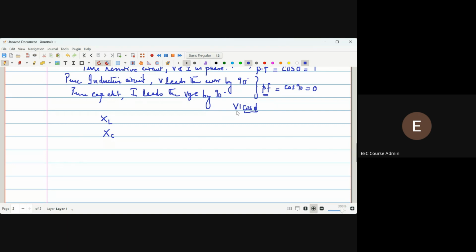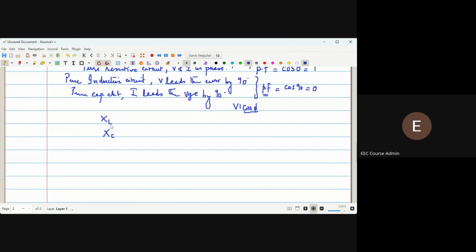That means in the DC circuits so far, the power dissipation is Vi or I square R or V square by R. In the case of purely inductive and purely capacitive circuits, cos phi being 0, the average power will be 0. Understand the emphasis, it's the average power. That means in one cycle the power is delivered, in the other cycle it is getting back, so that the average will be 0. Okay, ma'am.